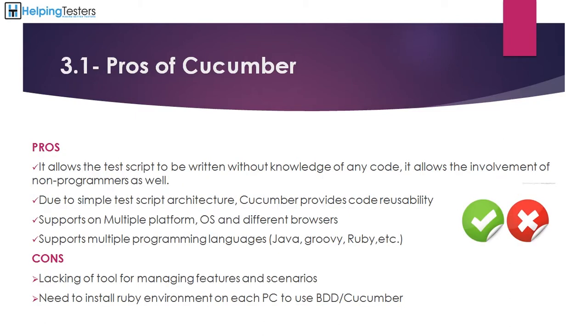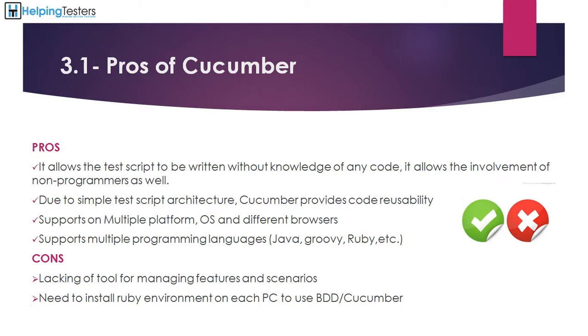So again, the pros and cons of Cucumber. Pros, as I told you, the best thing is it supports automation test scripts written in plain text, and there is no coding knowledge required when compared to Selenium. And it provides reusability, because since it is plain text, any new person coming into the team who needs to reuse the test scripts for other projects can easily pick and reuse them.